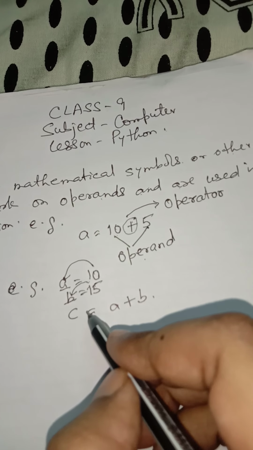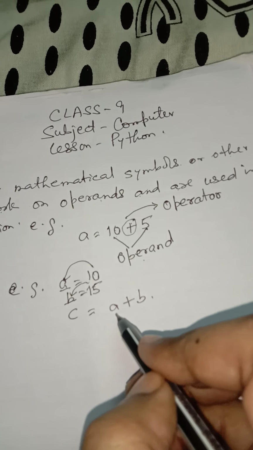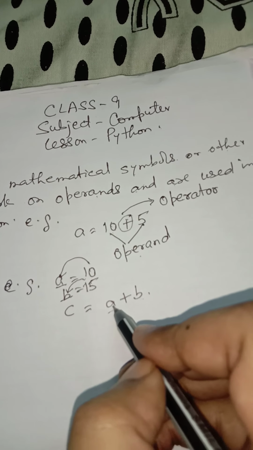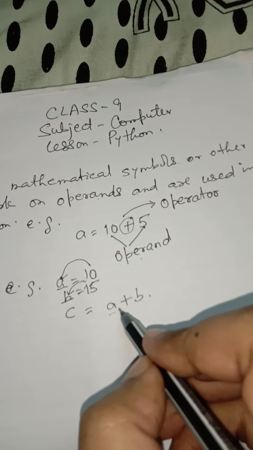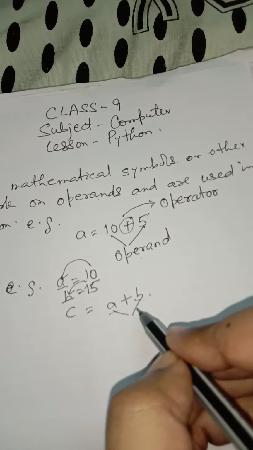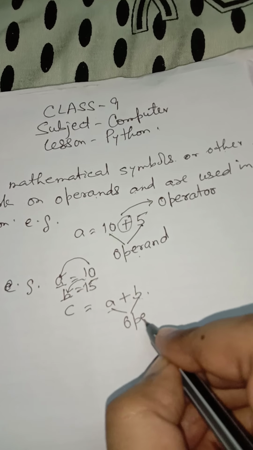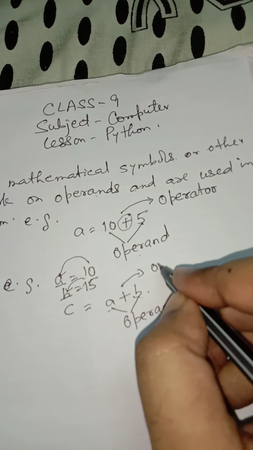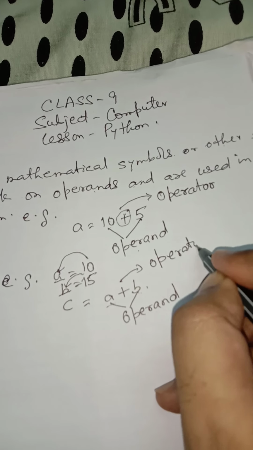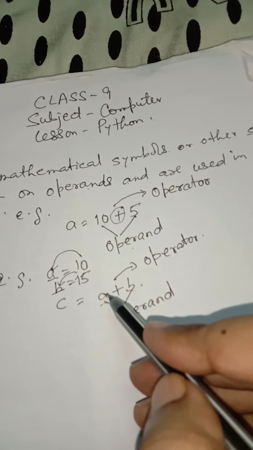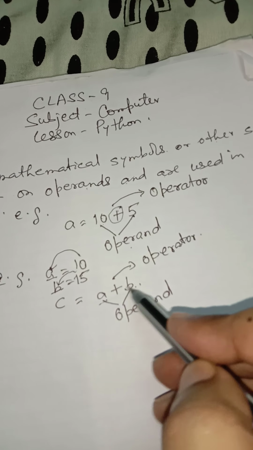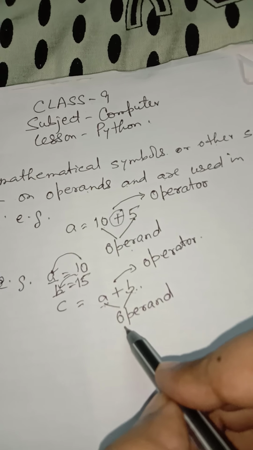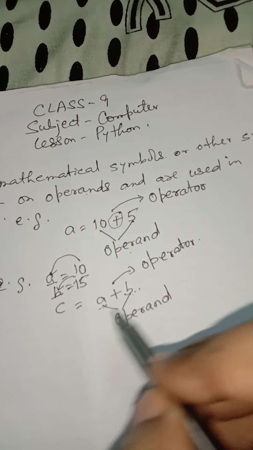As soon as the interpreter gets the assignment operator, it moves to the right hand side, where we have A plus B. A and B are the operands and the plus sign is the operator. The value of A is 10, the value of B is 15, 10 plus 15 is 25, so ultimately the result 25 will be stored in C.